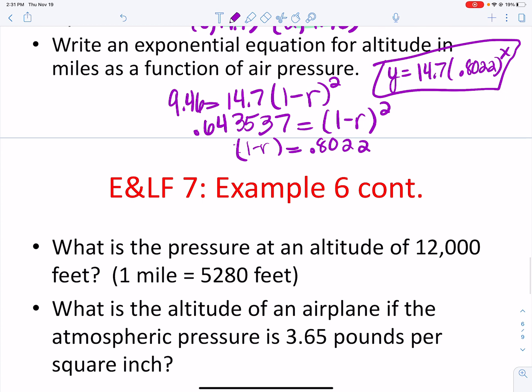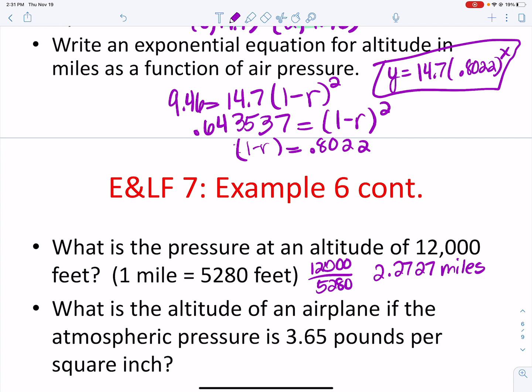Then it says, what is the pressure at 12,000 feet? One mile is 5,280 feet, so I need this in miles. I'm going to do 12,000 feet divided by 5,280, which is 2.2727 miles.